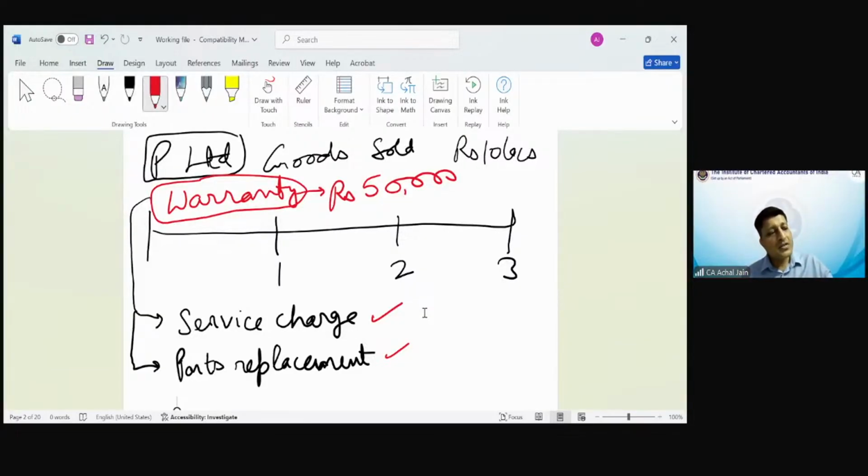Suppose there's a person who says that this warranty provision is not possible at all, or my estimation is that it has to be only rupees 5,000. Why? Because he doesn't want to bring in this cost at this point of time and thereby increase the profits. That's where he is not following the requirements of the standard. Even the criteria, the guidance is not being followed. So that is where definitely manipulation is possible. You are absolutely correct.